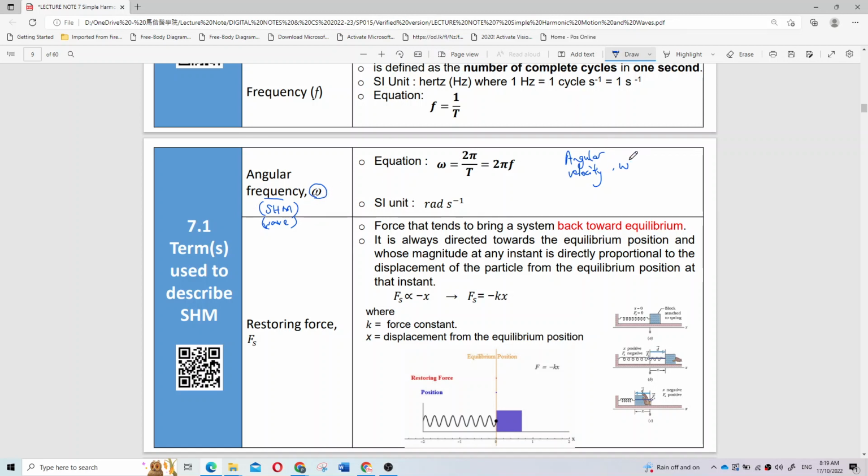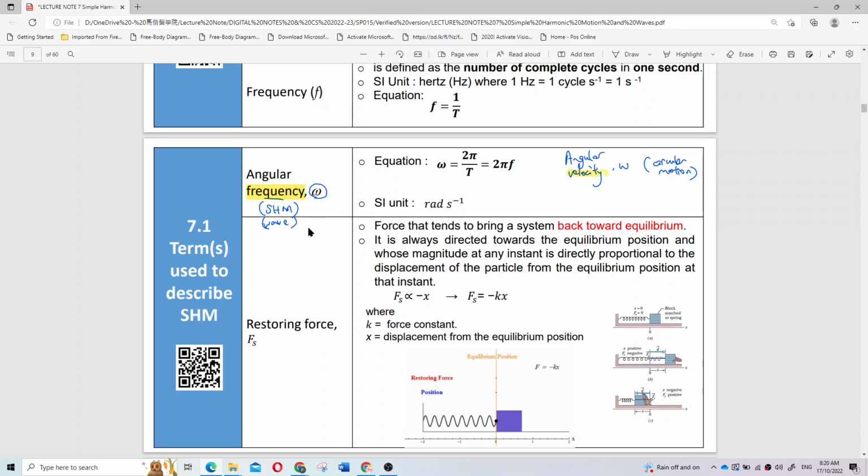But in the chapter on circular motion or rotational motion, we use velocity instead of frequency. So in SHM it has a different name, angular frequency. In circular or rotational motion, it's called angular velocity. But they are the same thing, they are still omega.